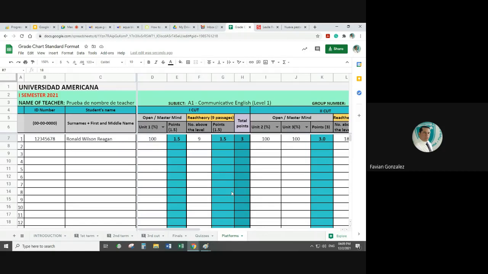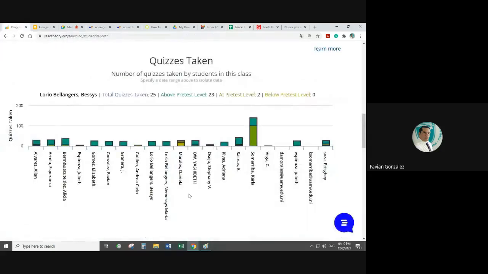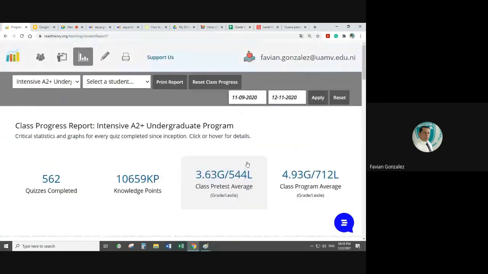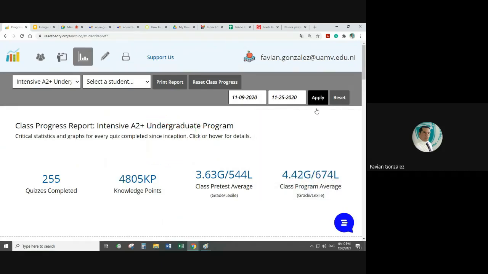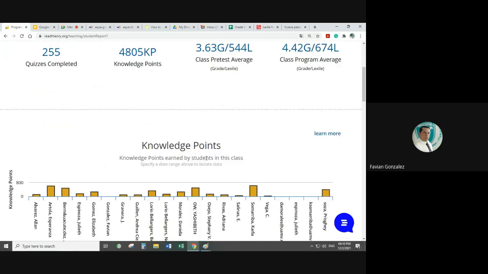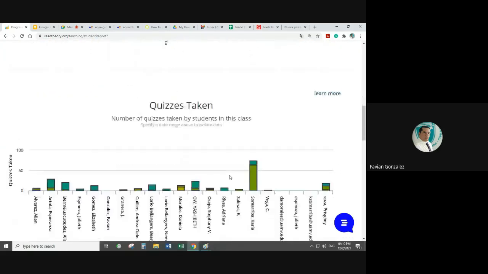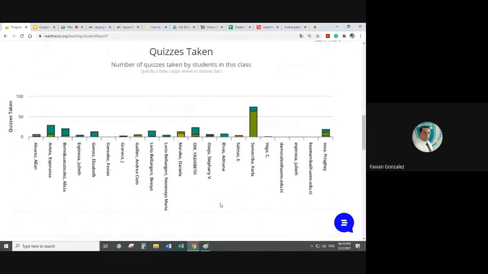Okay, so just one more example about getting passages per cut. So let's suppose that there's a cut that started on November 9, and it ended on November 25th, for example. I click on apply, and Read Theory is going to yield only the passages that were read within that set of time.